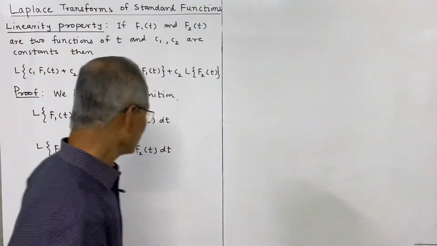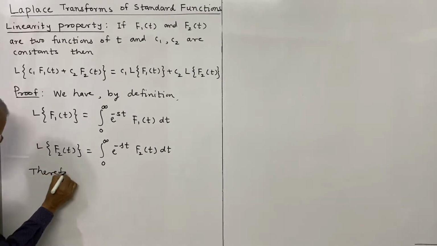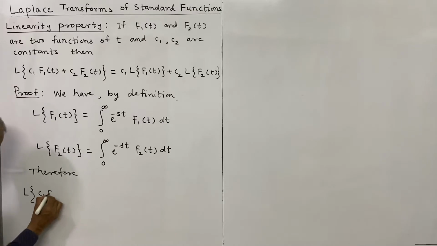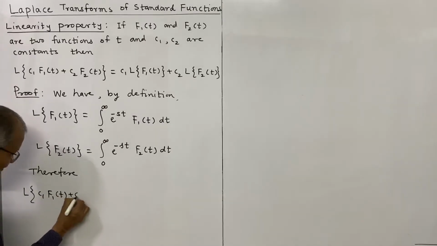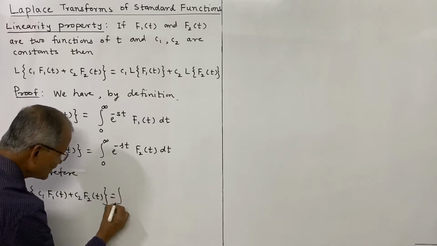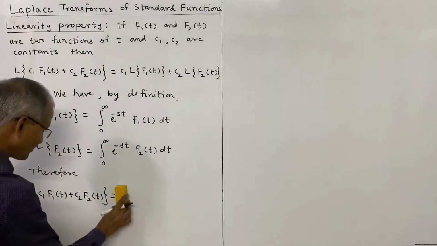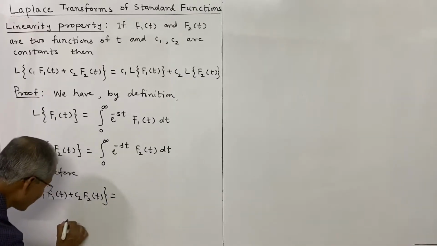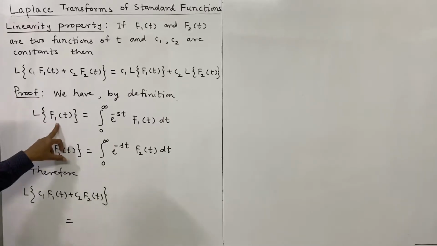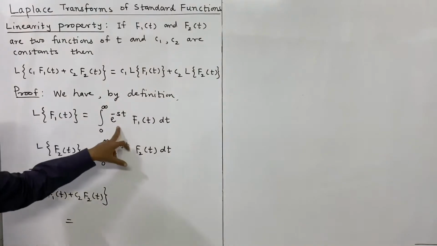Therefore, the Laplace transform of c1 into f1(t) plus c2 into f2(t) is equal to, now see how the definition is expressed. For the Laplace transform of f1(t) we have to multiply f1 by the kernel of Laplace transform.